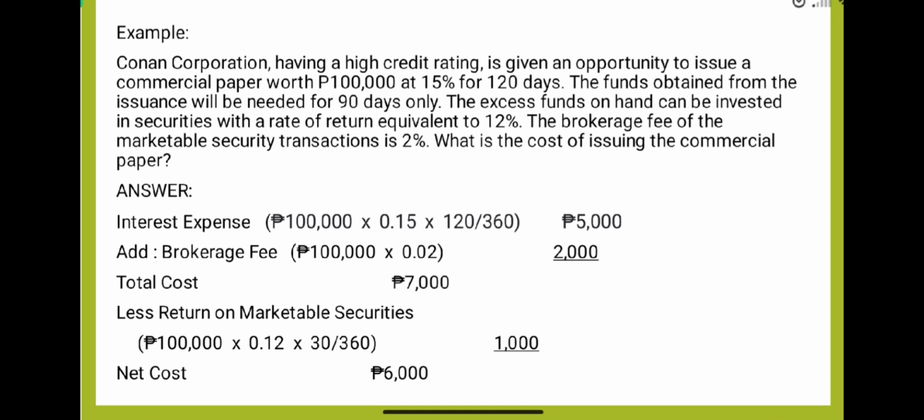So account receivable factoring is a way of financing your business by selling unpaid invoices for cash advances. Then last is discounting of promissory notes. A promissory note can be sold to a bank before its maturity date if the holder is in need of cash.